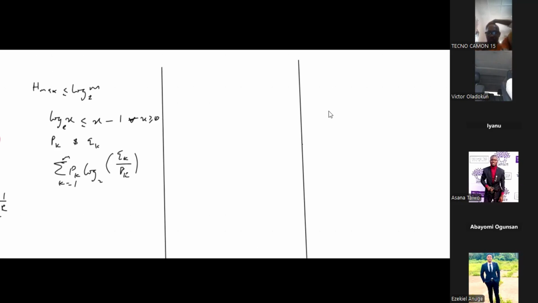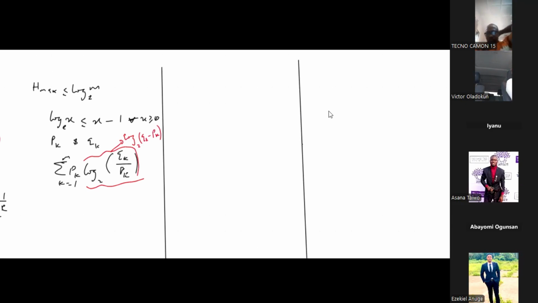That will be now this. Let's change this color. So this now will be the same as log to base 2 q sub k minus p sub k, right?